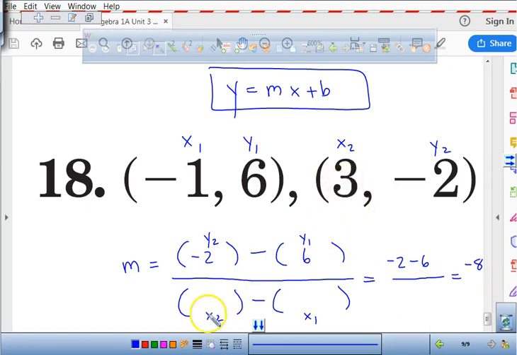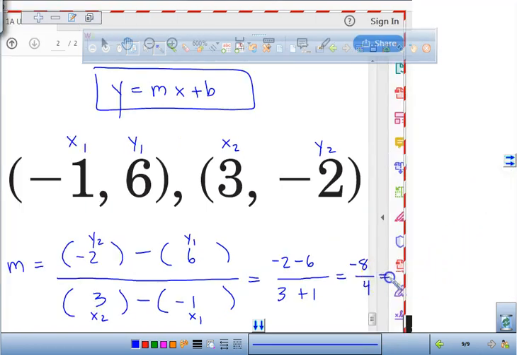Now if I say x2, I'm going to put a 3. x1, I'm going to put a -1. But that becomes 3 plus 1, because those negatives will cancel each other out and make a positive, and that goes over a positive 1. So what's -8 divided by 4? -2.